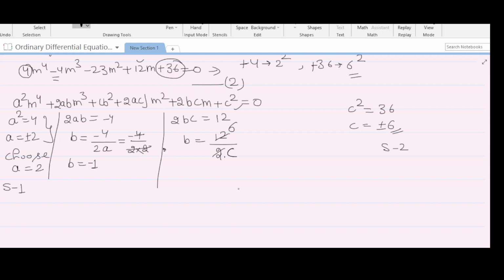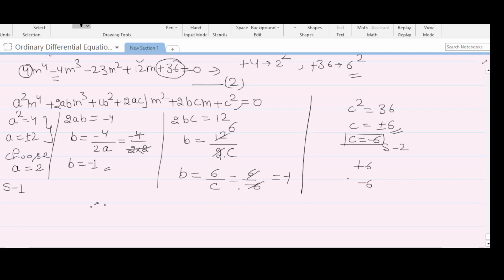Okay, nice. Now what should be the value of c, plus 6 or minus 6, so that we can get the value of b as minus 1? Please make sure. Here it is 6 upon c, so we will take the value of c as minus 6. So here the value of c will be minus 6, and then b will be minus 1.